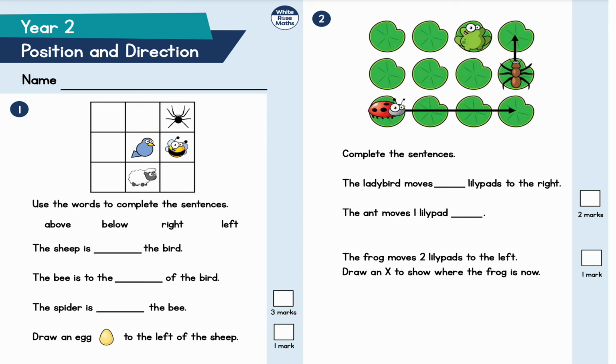Okay, this is question number 1 from the White Rose Maths worksheet. Use the words to complete the sentences. Above, below, right, left. The sheep is below the bird, because it's below it. The bee is to the right of the bird.